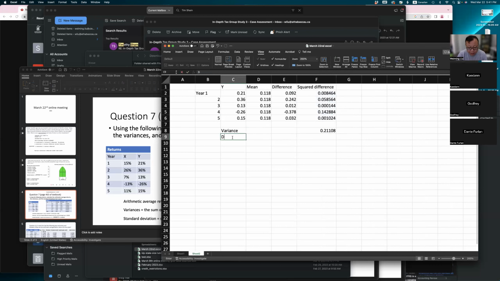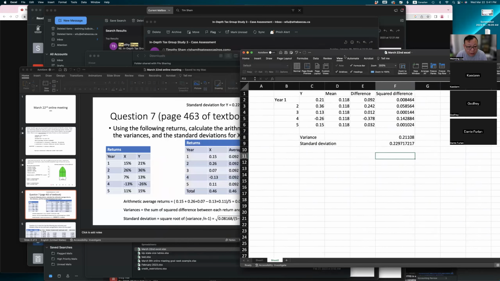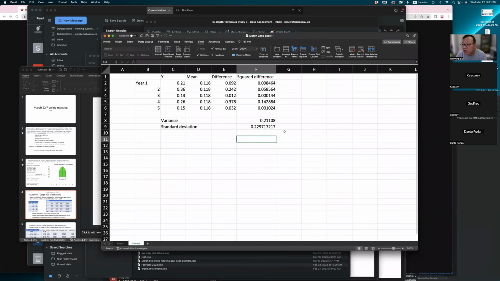Okay, and then my standard deviation will be equals actually this number divided by 5 minus 1, so that's 4. And then I need to do a square root, right? So is that the same number you got? 0.2297? Yeah. How long did that take me to do with Excel?